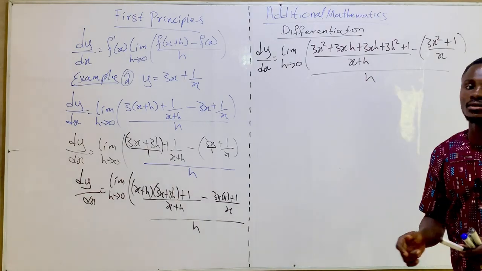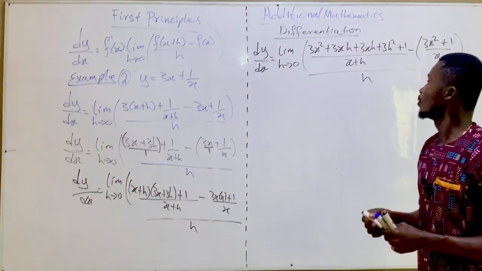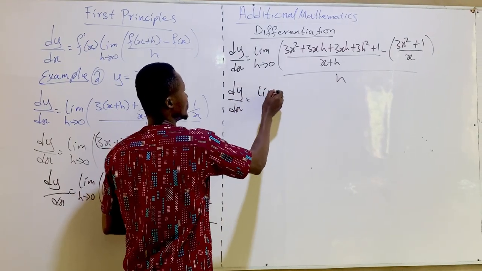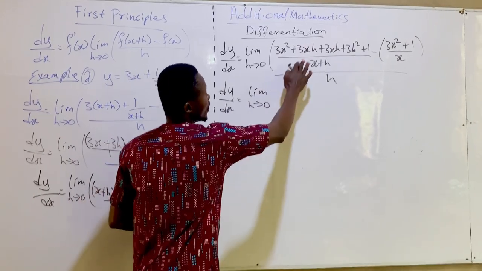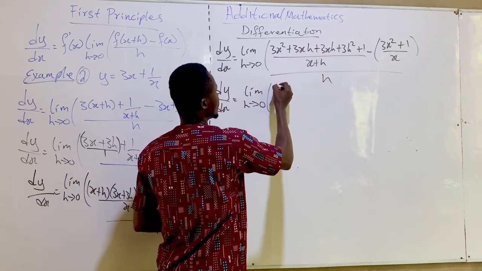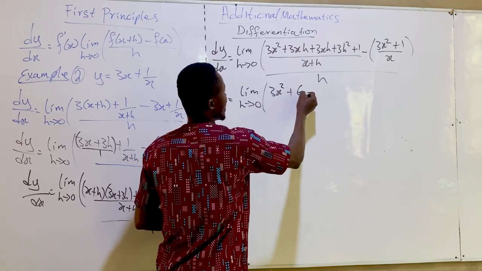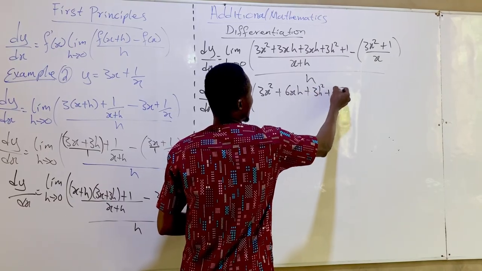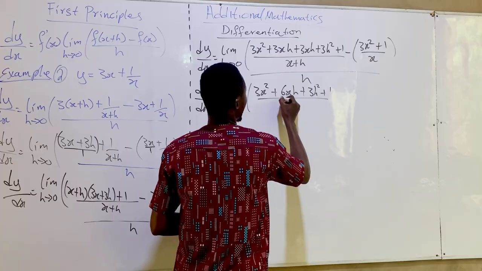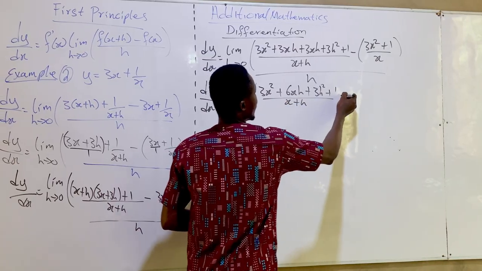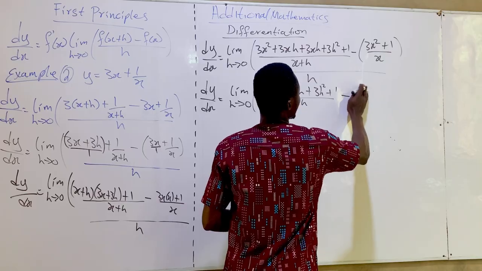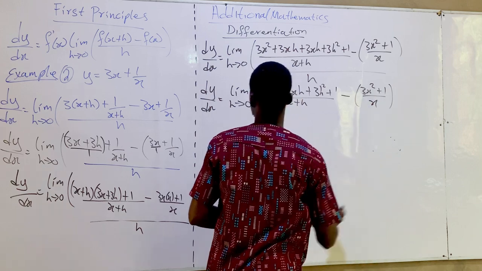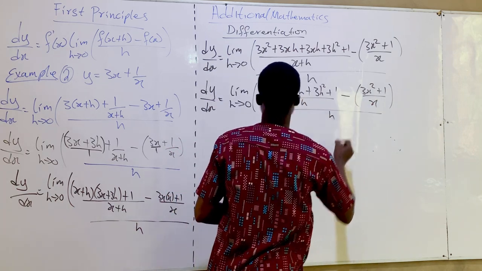Now we can see that we have a group of like terms here. So we have dy over dx will be equal to the limit h approaches 0. We can add this and this, so we end up with 3x squared plus 6xh plus 3h squared plus 1, all over (x plus h), minus (3x squared plus 1) all over x, all over h.